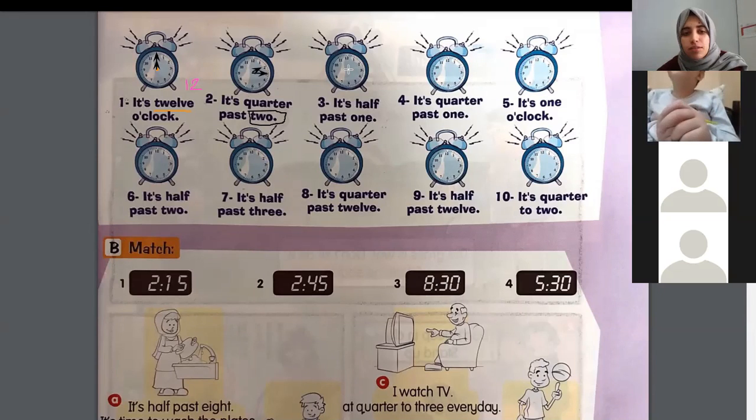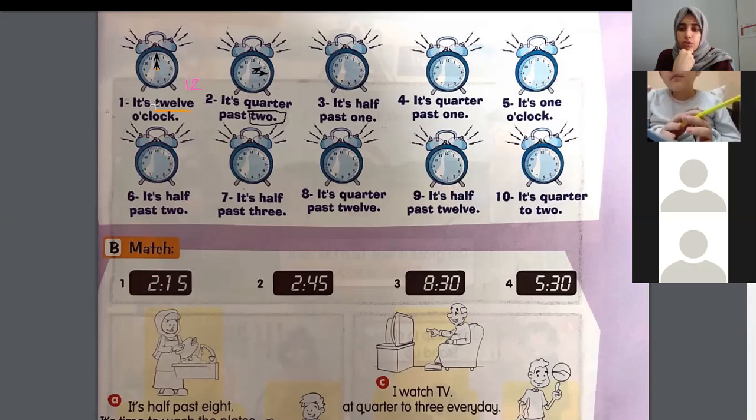I will draw the long hand at 12 only if it says 12 o'clock. But half in the middle is what number? 3 or 6 or 9 or 12?